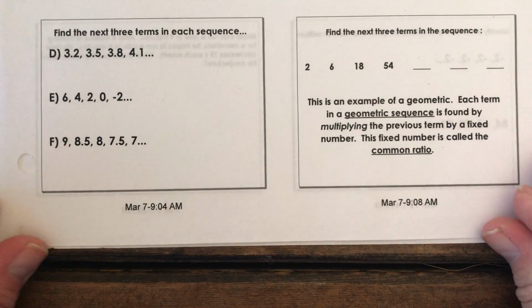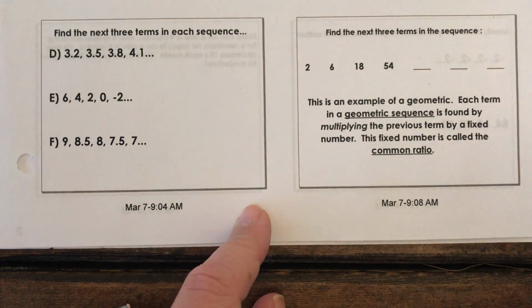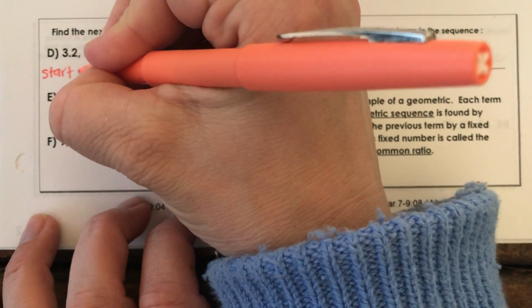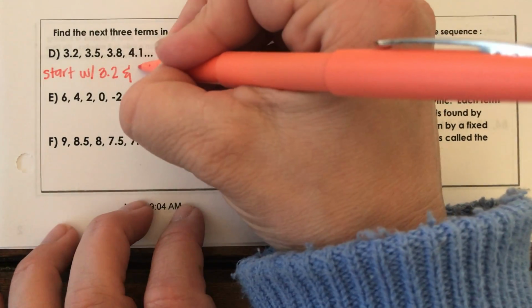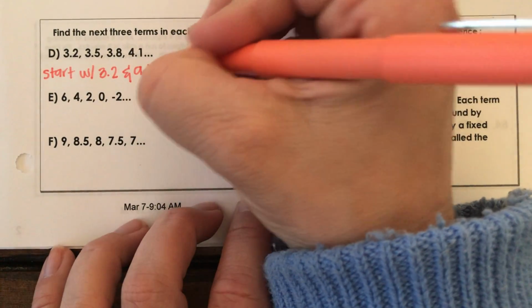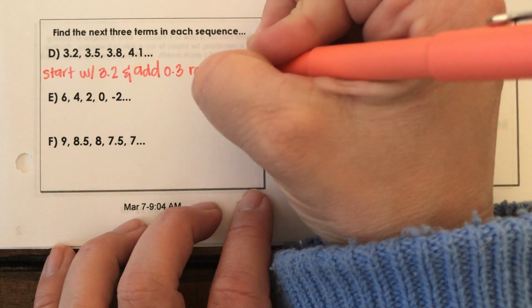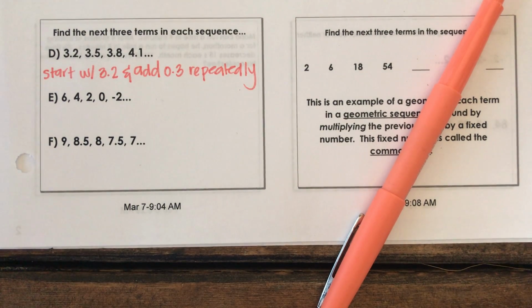Okay, look at letter D. What is happening every time on letter D? We can say start with 3.2 and add 0.3 repeatedly. Okay, if you weren't sure what you're adding, just subtract them to find the difference.